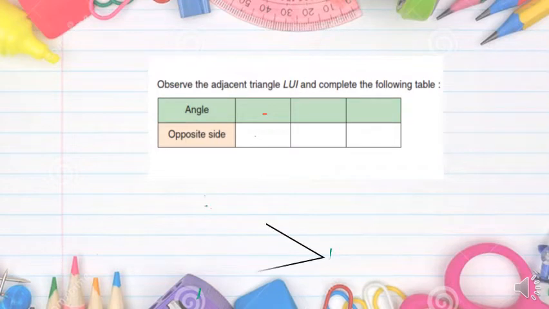Now, look at the following figure. This is triangle LUI. Let's name each angle and the opposite side of it, starting with angle ULI. ULI means I'm talking about angle L. What is the opposite side of angle ULI?